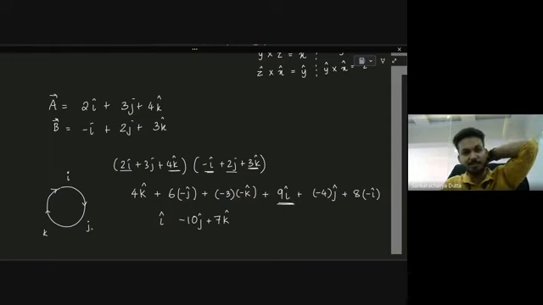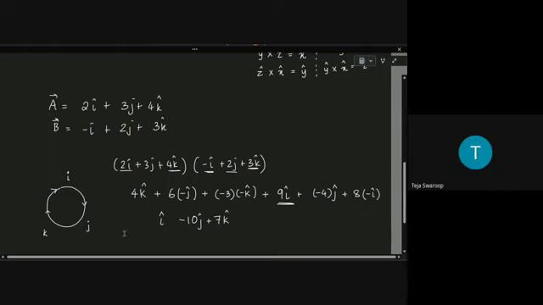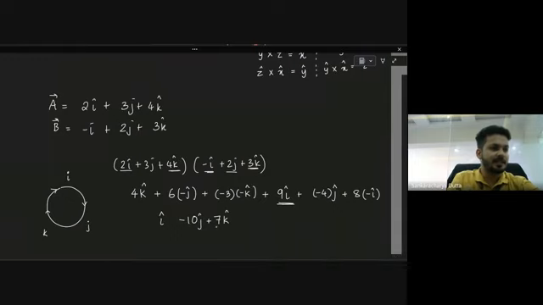If there is any doubt in the procedure or how to do it, sir, I didn't understand this part, please let me know. I will explain again. Can you please explain the last step? The last step. Yes. The last step is I just did 4 k cap and 3 k cap. I added both of them because these are vectors in the same direction. Okay.